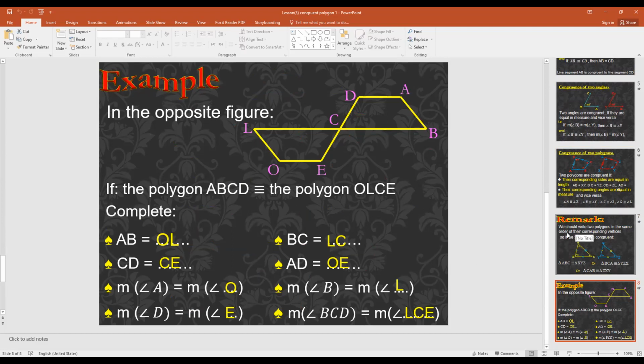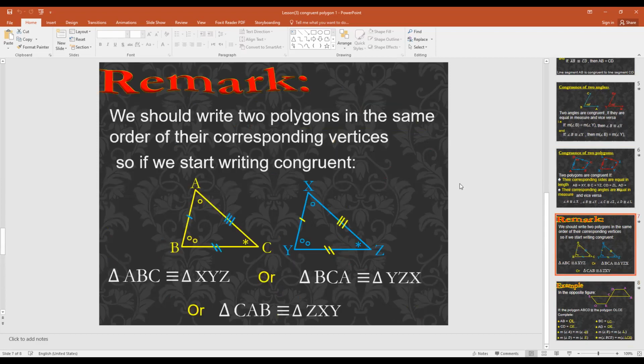So our results depend on the names of the two polygons. So don't forget to write the two polygons in the same order of their corresponding vertices.